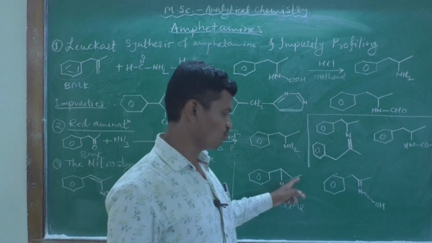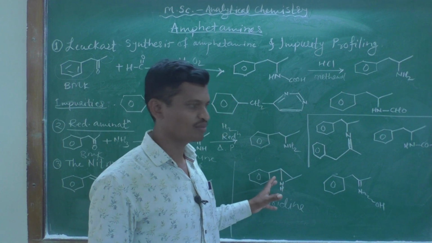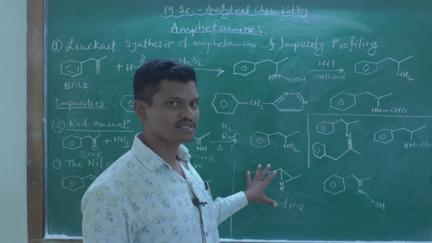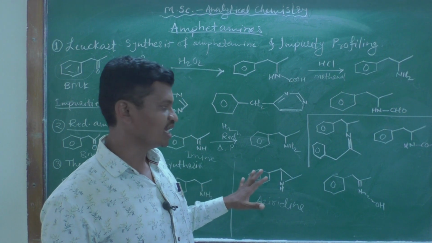This moiety is called aziridine, a 3-membered ring containing a nitrogen atom. So the 1-methyl 2-phenyl aziridine ring is there, and this aziridine is formed as an impurity.